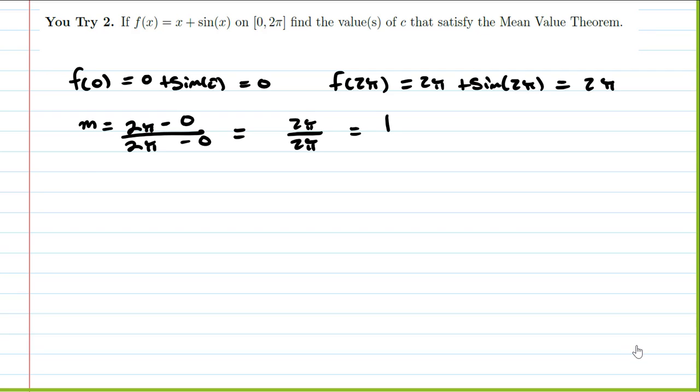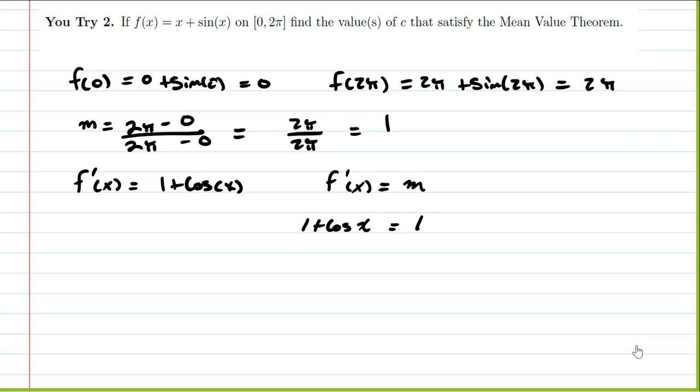So then we find our derivative. F prime of x is 1 plus cosine x. And we need to make f prime of x equal to the slope of our secant line, which is 1. So that gives us 1 plus cosine x is equal to 1.